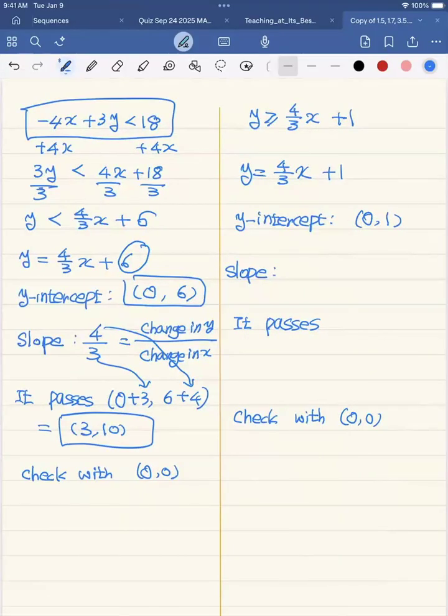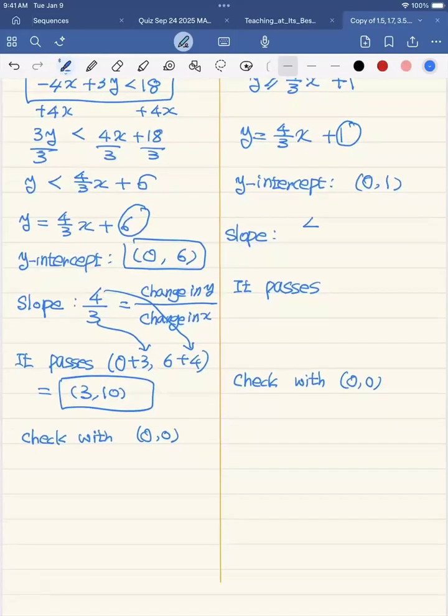Let's draw the straight line involved in the first inequality. y is greater than or equal to 4/3 x plus 1. Let's draw y equals 4/3 x plus 1. The y-intercept is 1, (0, 1), and the slope is 4/3. It passes through 0 plus 3 and 1 plus 4.